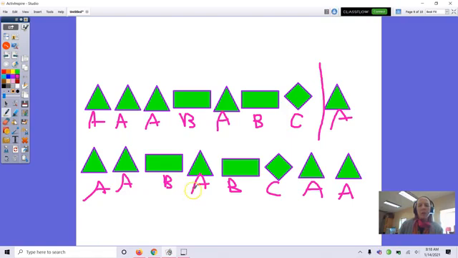A, B, C. So there's another section. And then I have A. So what are going to be the next four shapes in my pattern?